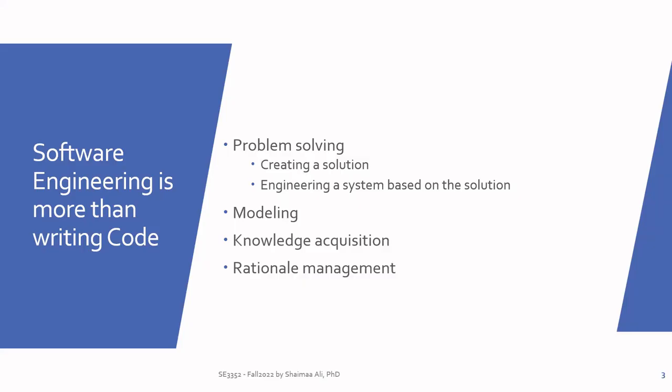All right? So there's a modeling part, how to create models of that system to communicate with other stakeholders. And knowledge acquisition. Now, as a software engineer, most of the time you're gonna be working on projects that are not in your expertise. So let's say you were creating a system for a hospital. Some medical knowledge is needed there.